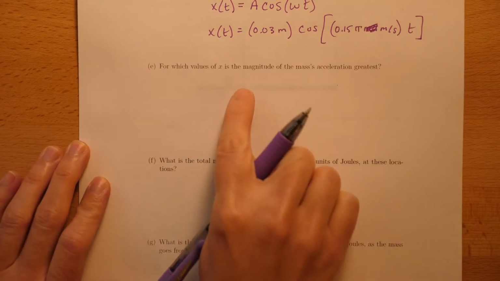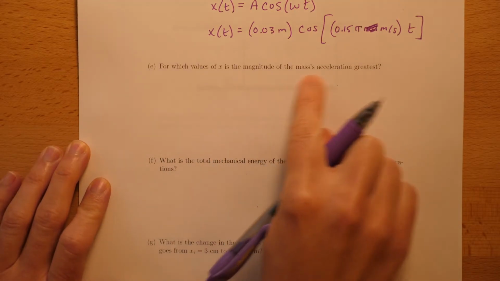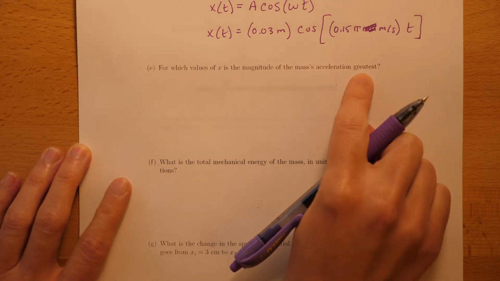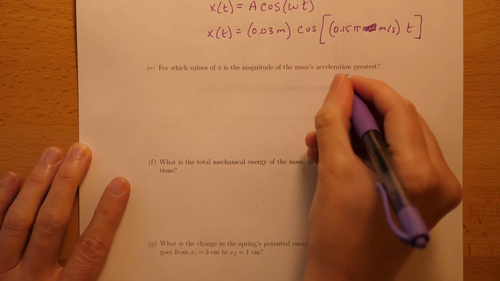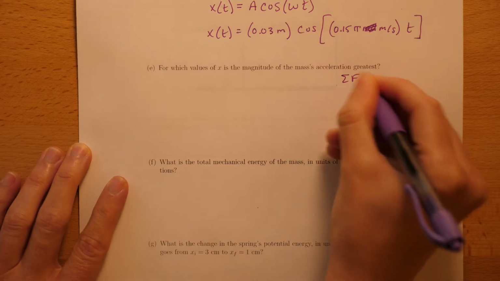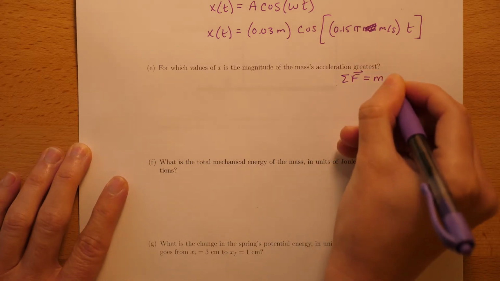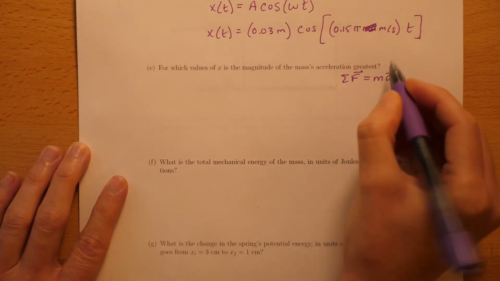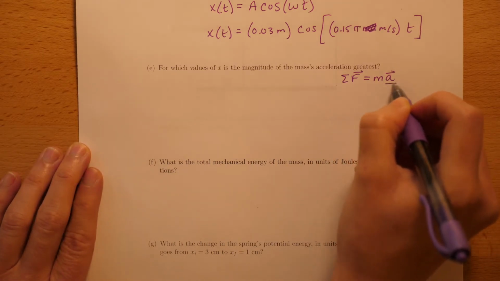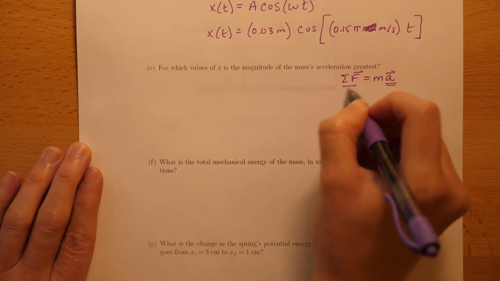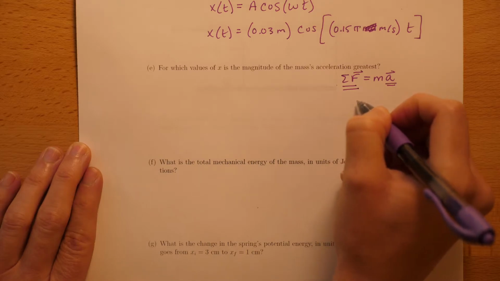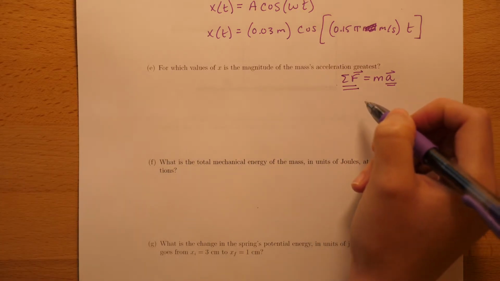For which values of x is the magnitude of the mass's acceleration greatest? We know that the net force on an object is directly proportional to that object's acceleration. So we should have the maximum acceleration where we have the maximum force, which is where the displacement is maximum.